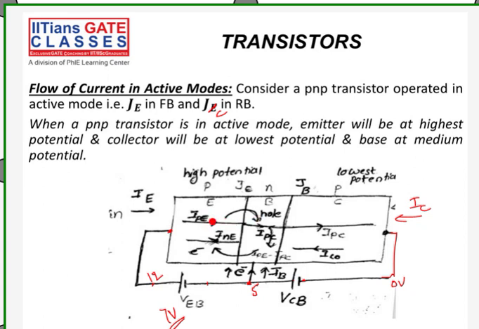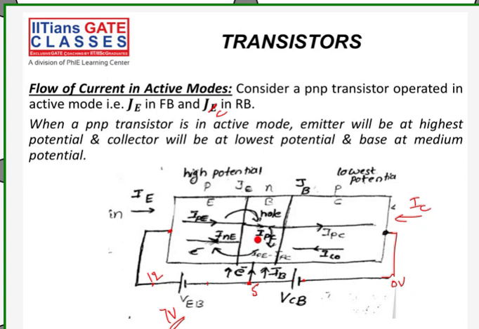That is the hole current, and it is crossing the emitter junction. And second thing, INE, that I'll tell you. I can show you the emitter produces current IPE and electron flow from base to emitter producing current INE.